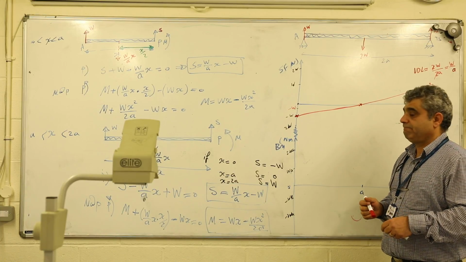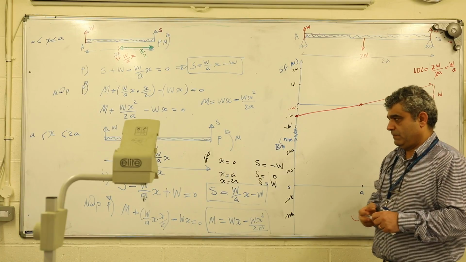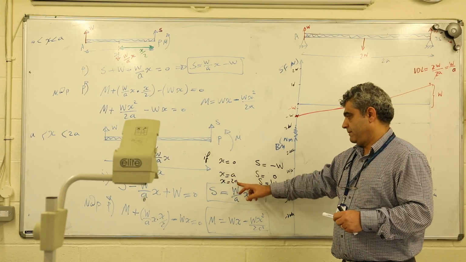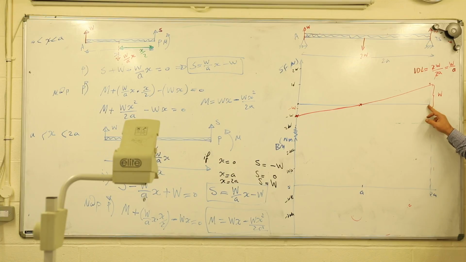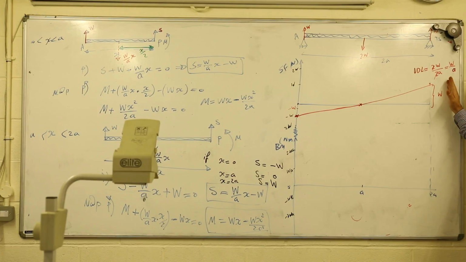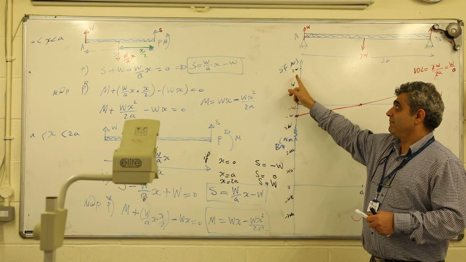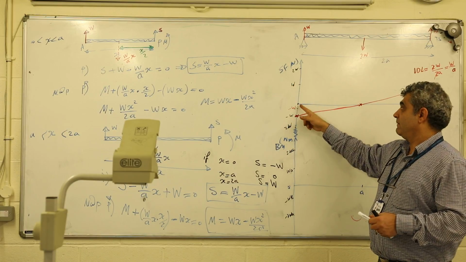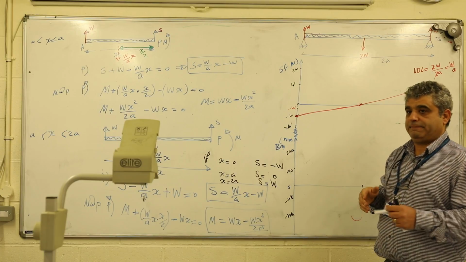And where's 2a? You said x is equal to 2a. Where is it there? That's where W is. Yeah, but this is a. Oh, the X-axis will become a length. This one will become W, force.